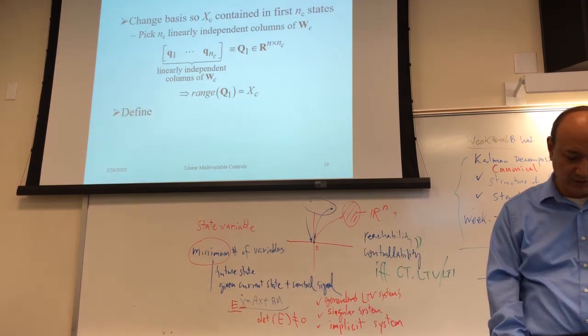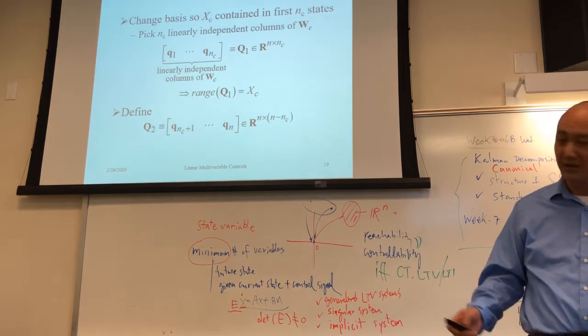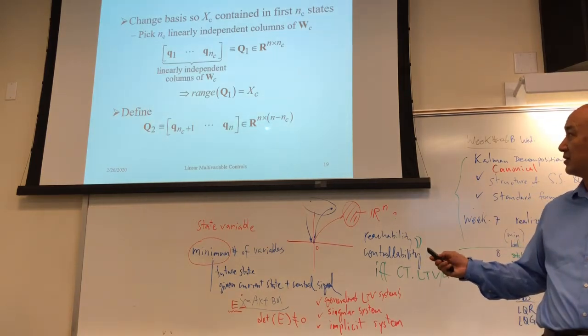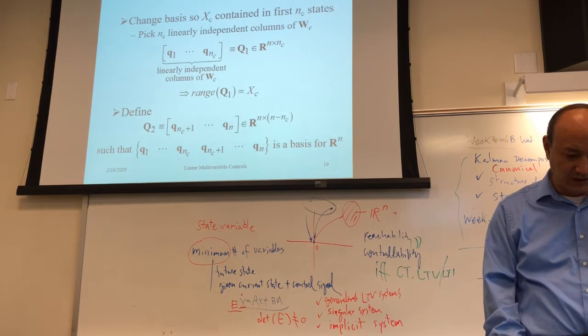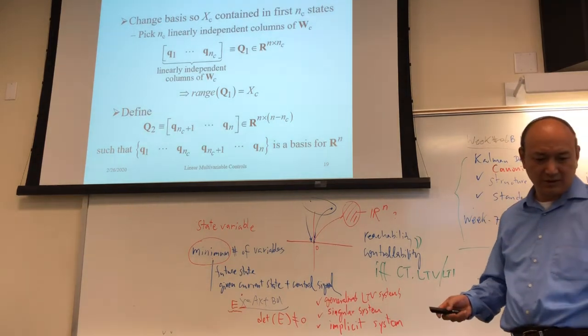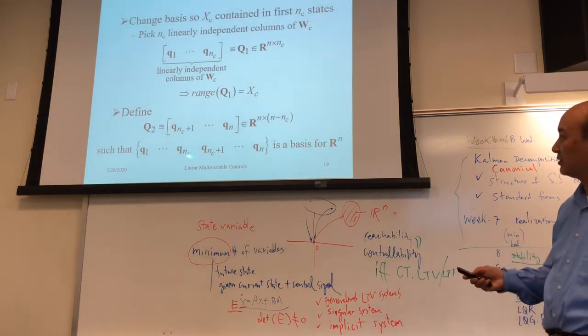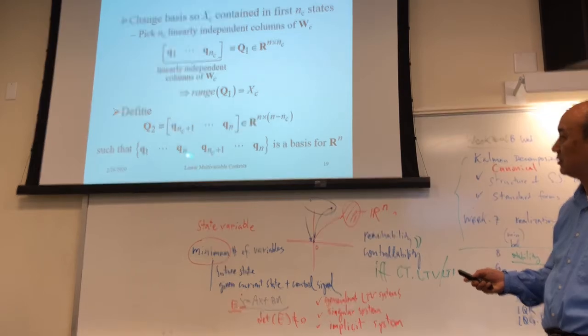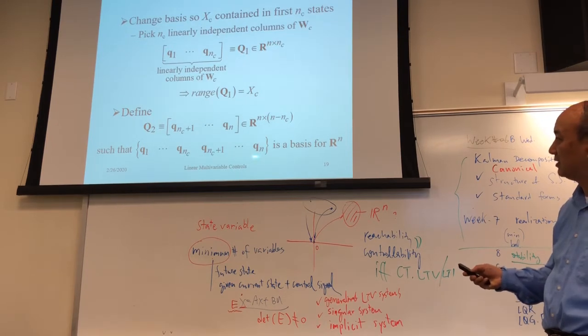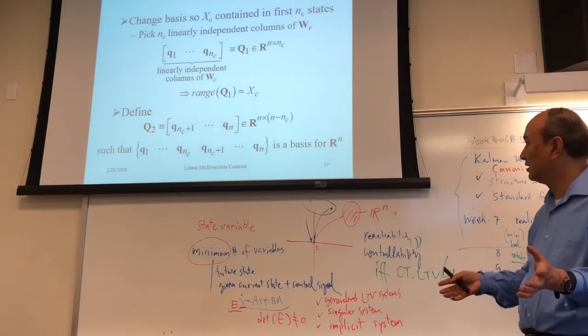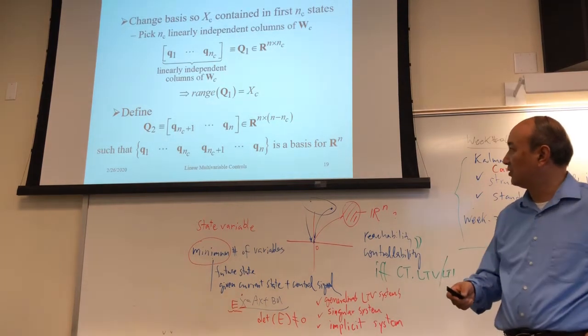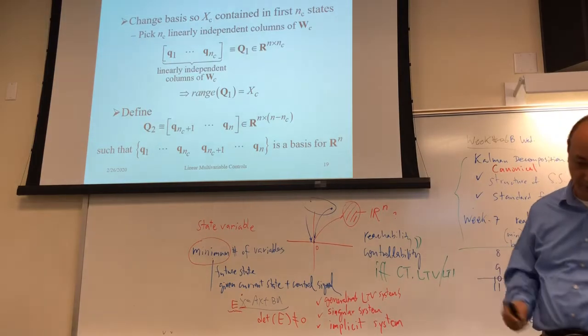So then Q2 is the rest, NC plus 1 until n. So this is Q1 and Q2. So then Q1 to QNC is the number of controllable modes, and these are the rest, non-controllable. You put them together as a basis for R^n.